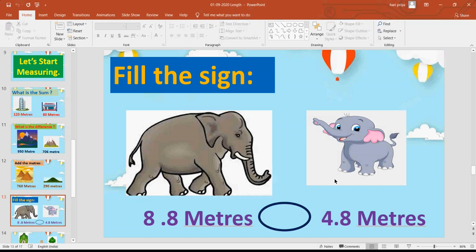Yes, 8.8 meter is greater. So the alligator mouth will always open towards the greatest number. So 8.8 is greater. Yes, almost everyone is right. It's quite an easy sum, as you all know.